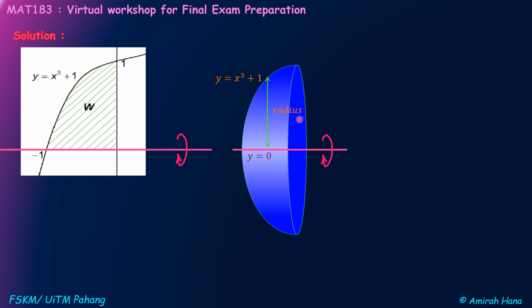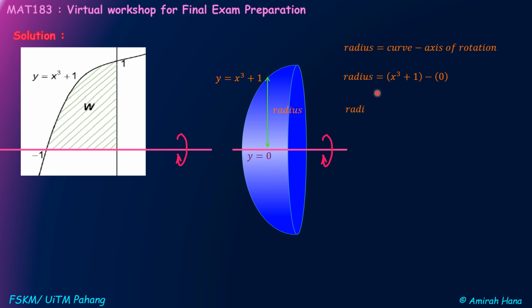Okay, next we can find the radius. Radius equals to curve minus axis of rotation. So radius equals to, the curve is x cubed plus 1, minus axis of rotation is 0. Notice that dia punya subject dekat sini mestilah y, so that we can subtract. Right?